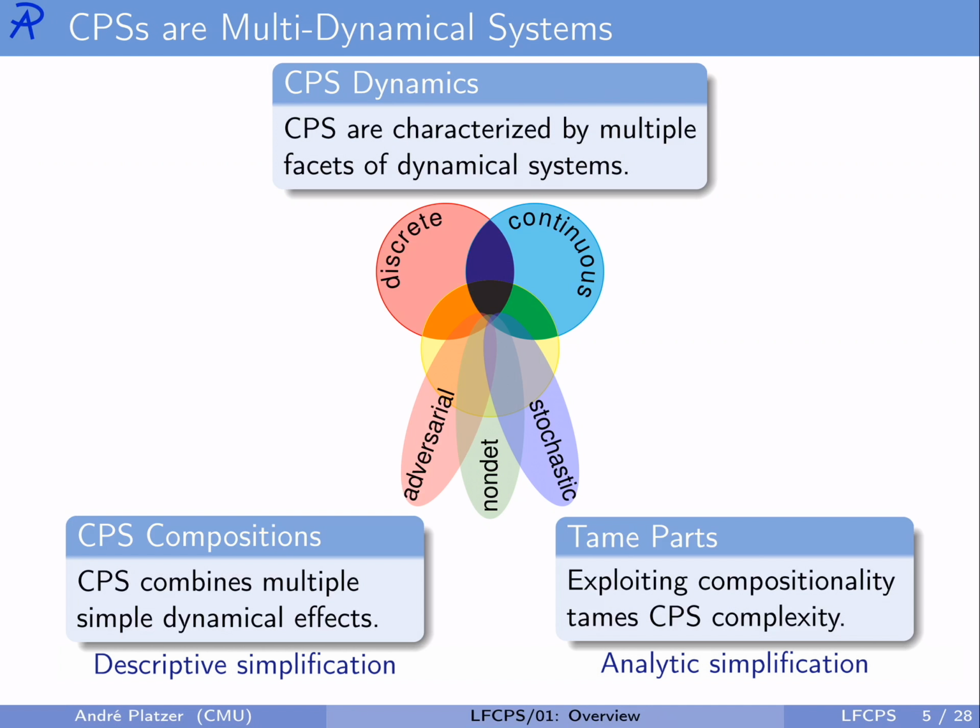And by the minute you realize that the best description is exactly like so, as a function that combines many of these dynamical systems aspects with one another, then not only have you simplified the description as a composition of individual dynamical systems aspects, which by definition are individually easier, but you've also almost solved the analysis question if you simply continue to exploit this compositionality in the description also for the analysis purposes, and that way tame the otherwise overwhelming complexity of cyberphysical systems by analyzing the whole system as a function of the analysis aspects of each of the parts.